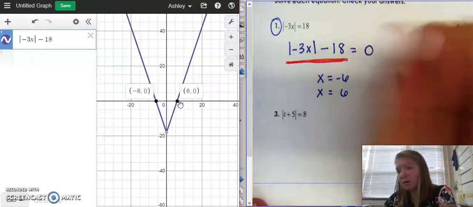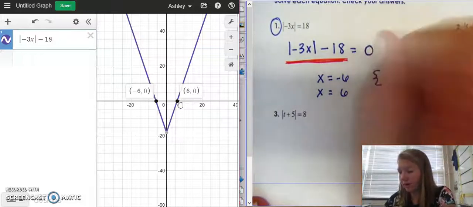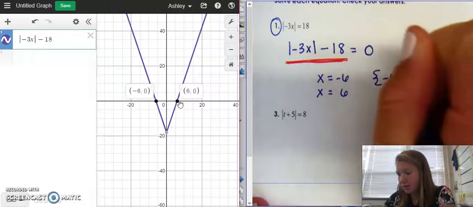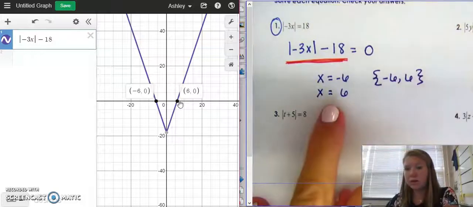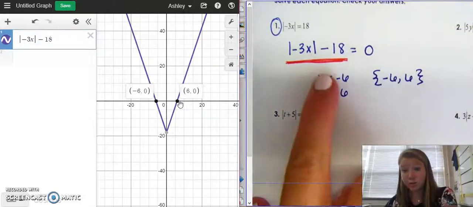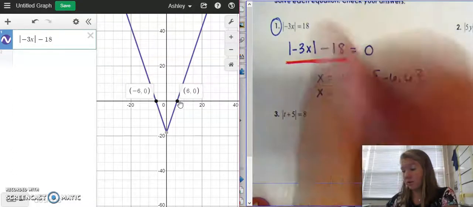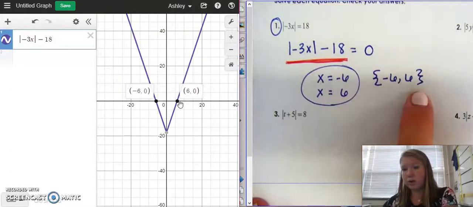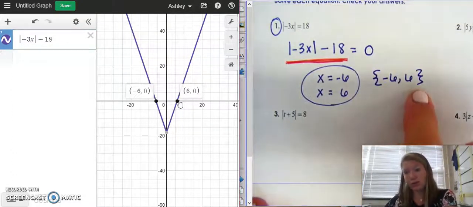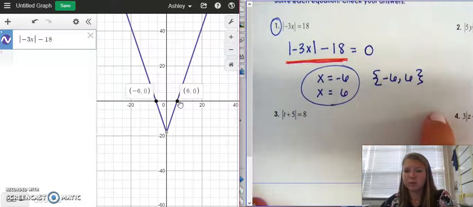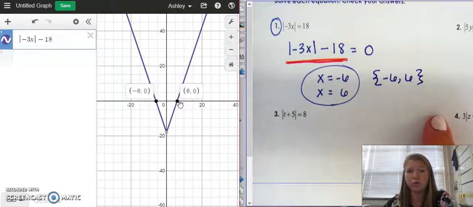You may also see your solutions written in curly brackets, negative 6, comma 6. So either way, you can list them out as x equals, or you can write your 2 answers in the curly brackets. Don't use parentheses because we would confuse that with interval notation or with an ordered pair.